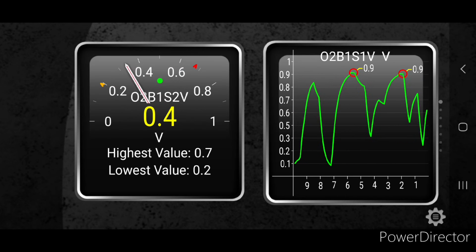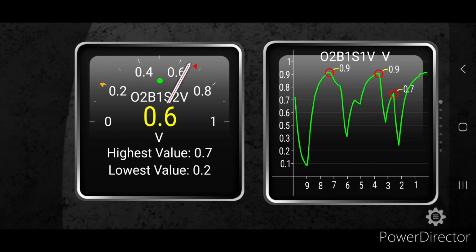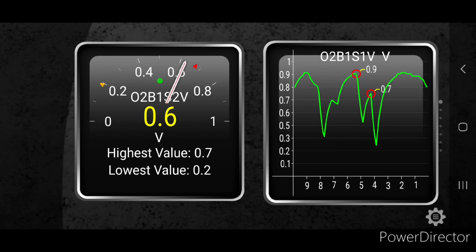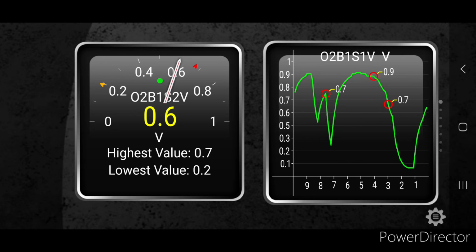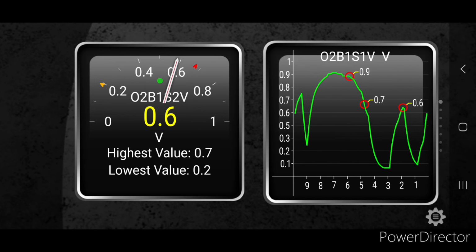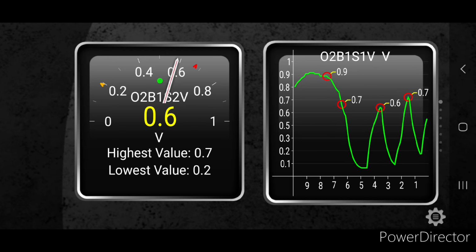But for me, guys, this 0.2 value is too low for the age of this vehicle. I think right now it's stuck at 0.6.